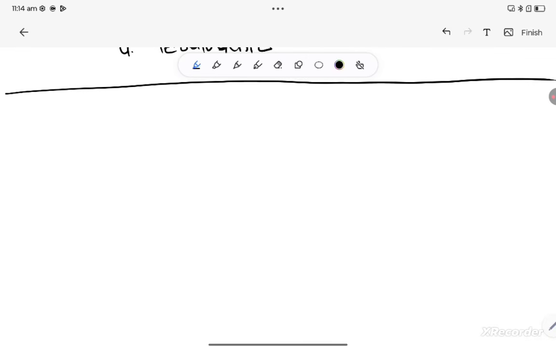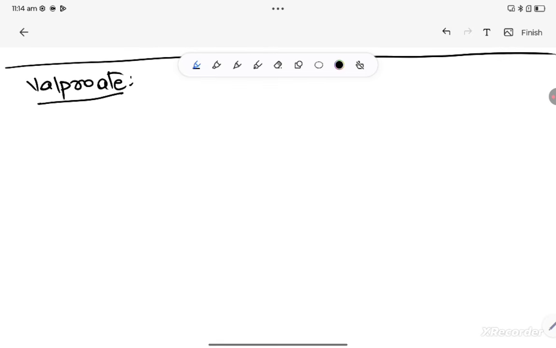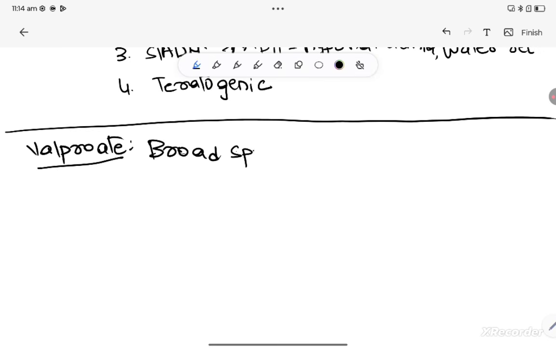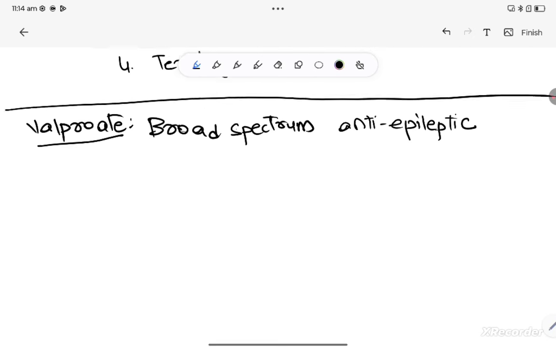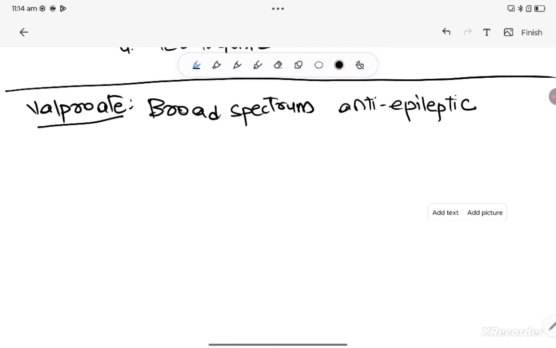Now, we will talk about valproate. Valproate is a very important 5 marks question for you as well as essay. Valproate is considered a broad spectrum anti-epileptic agent. What I mean by this is, if the clinician is not sure which sort of epilepsy the patient is suffering from, then we can directly add valproate.